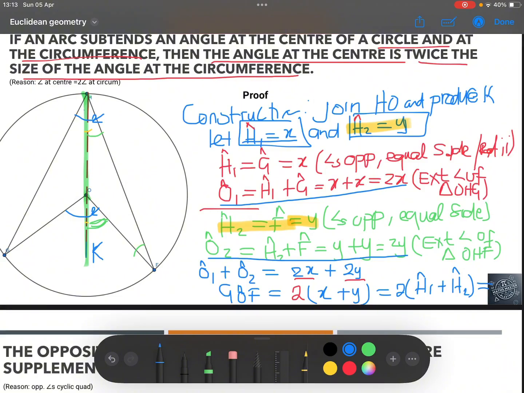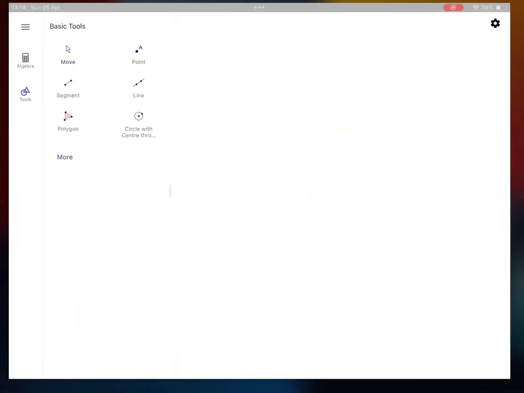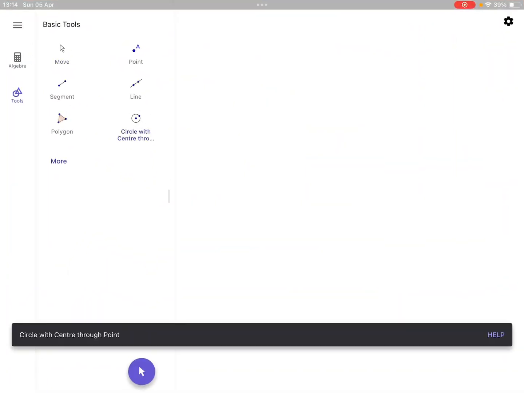Then that will be equal to 2 times angle GHF. That is equal to that. And we can also take a look at the angles.